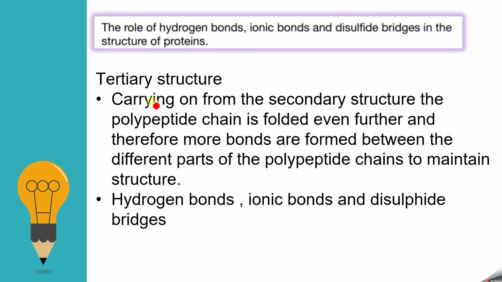Looking at the tertiary structure, carrying on from the secondary structure, the polypeptide chain is folded even further. So it's going from a chain sequence of amino acids, then it's coiled into either an alpha helix or a beta pleated sheet, and then it's folded even further. Because it's scrunched up all together, it's going to obviously form more bonds, and you get an extra two types of bonds: ionic bonds and disulfide bridges.